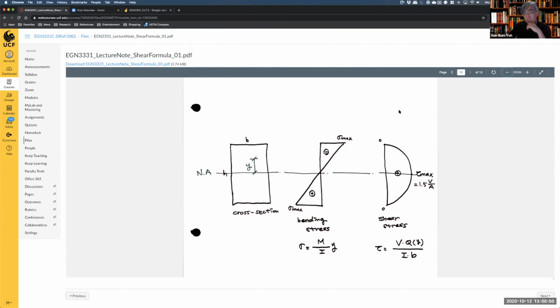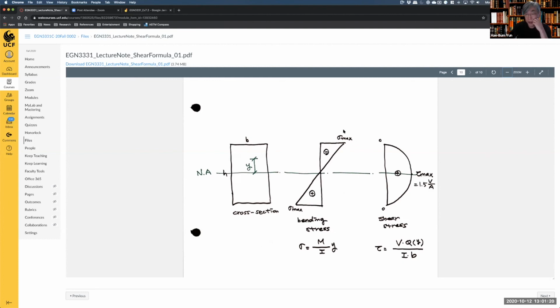So I summarized bending and shear together here. We have a rectangular cross section B by H, and what I'm drawing is, this is a cross section, and this is a side view, okay? So don't get confused.